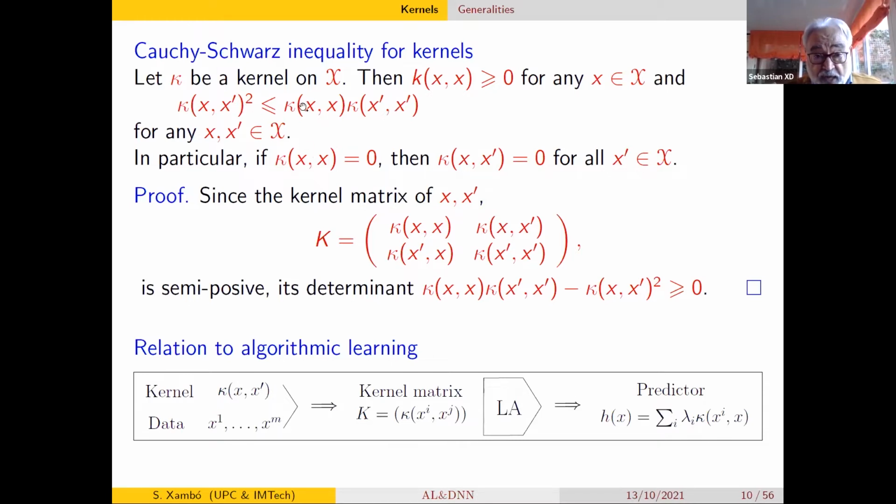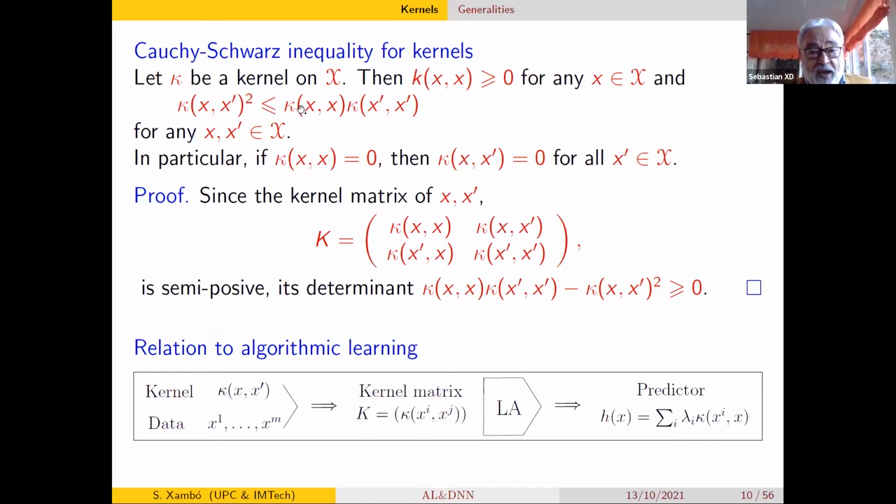Notice that this implies that if kappa of x, x is 0, then this square is 0, therefore kappa of x, x prime is 0 for all x prime. So in general, it will not be good to have kappa of x, x equal 0, because then it counts nothing with respect to all the others.